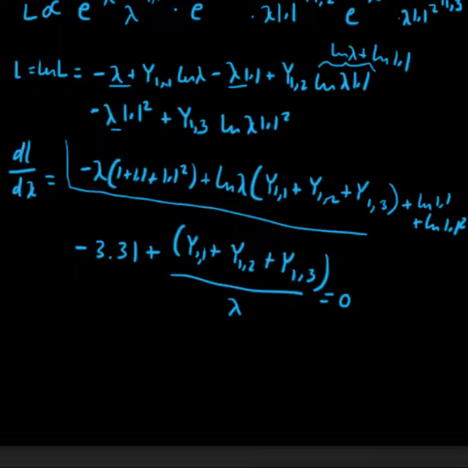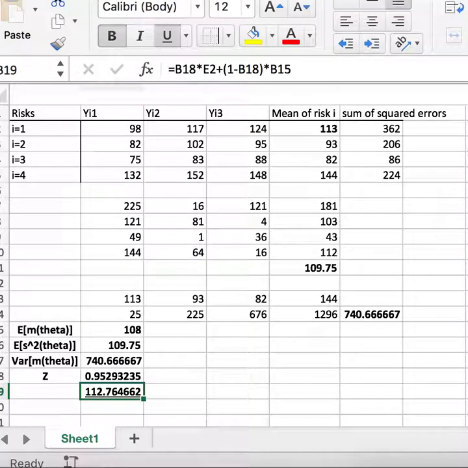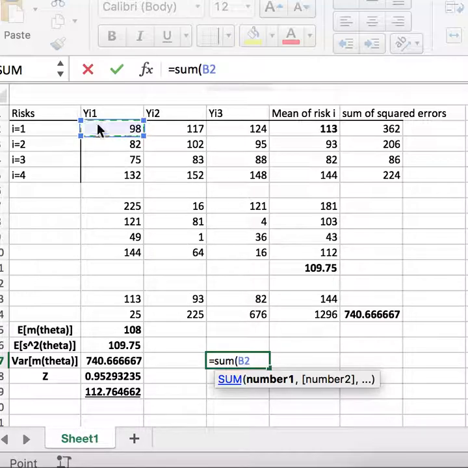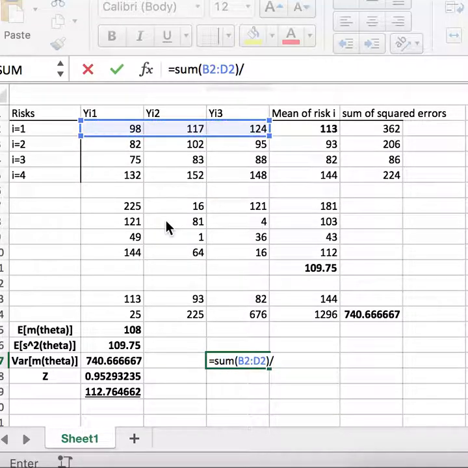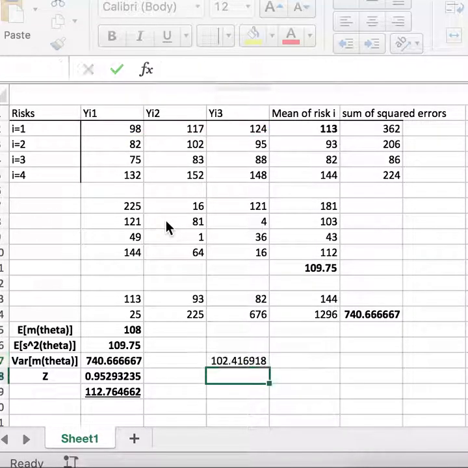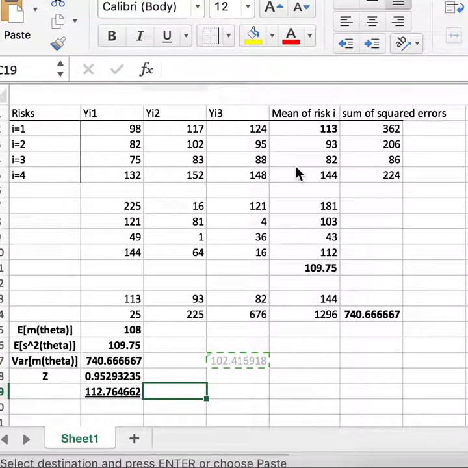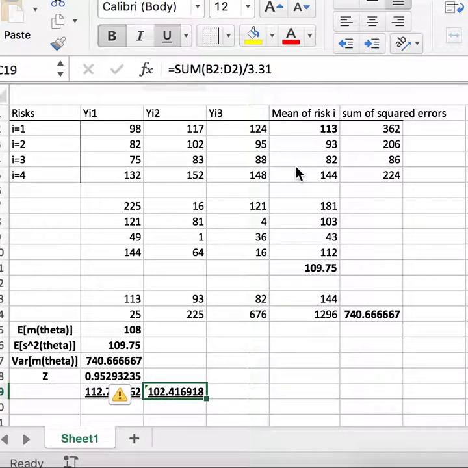So in order to find that out, all we did was take the sum of quarter 1 year 1, quarter 1 year 2, quarter 1 year 3, divided by 3.31, which gives us 102.42. Okay, so I'll just put that one over here, and that's also an important one, so that's the answer to part triple I.